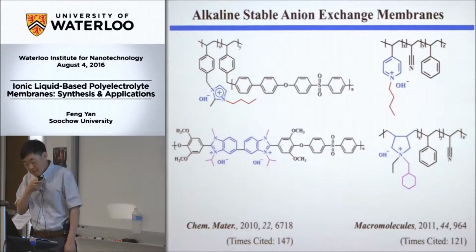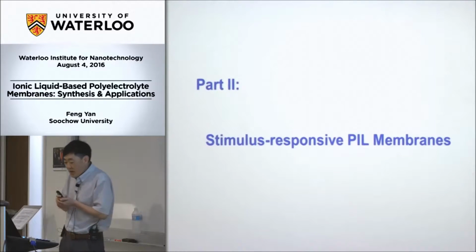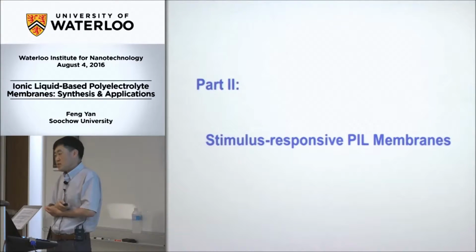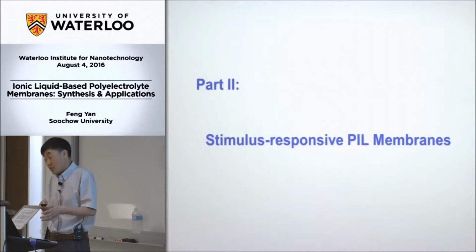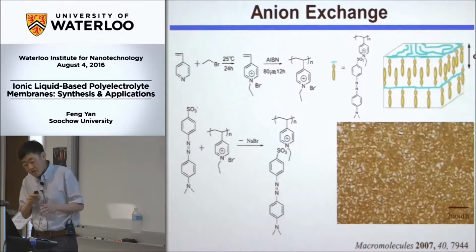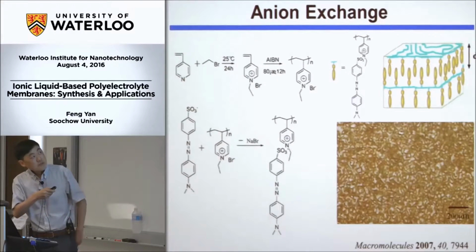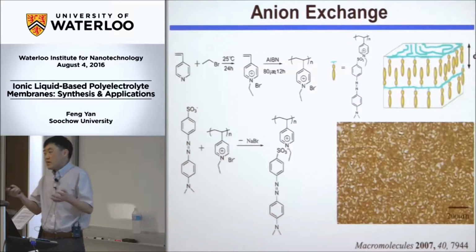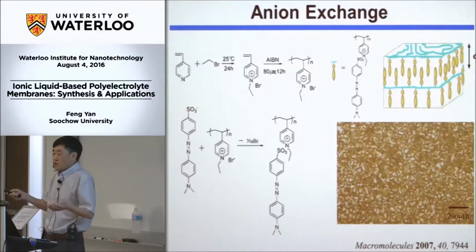So the second part I want to report is some functional materials based on polyionic liquids. One example is, for example, this pyridine monomer. After the polymerization, you can get polypyridine. But this is quite a normal polymer without any special properties. It's conductive.